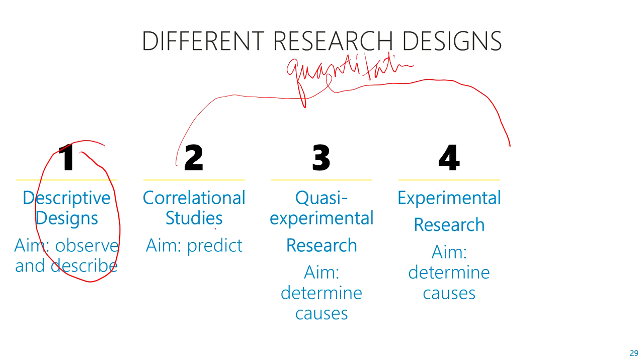You have correlation studies, which is at prediction. You have quasi-experimental research, and it aims to determine causes. And then you also have experimental research, which also tries to determine causes.